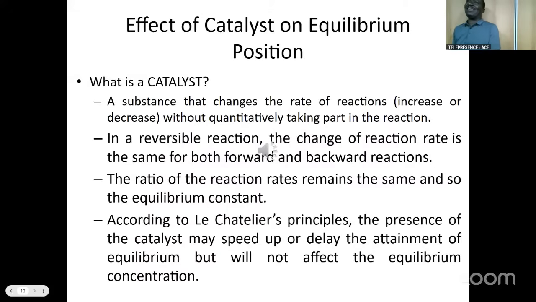If delta n is positive, then an increase in volume will favor product formation. But a decrease in volume will favor reactant formation. Okay? I hope that is clear.